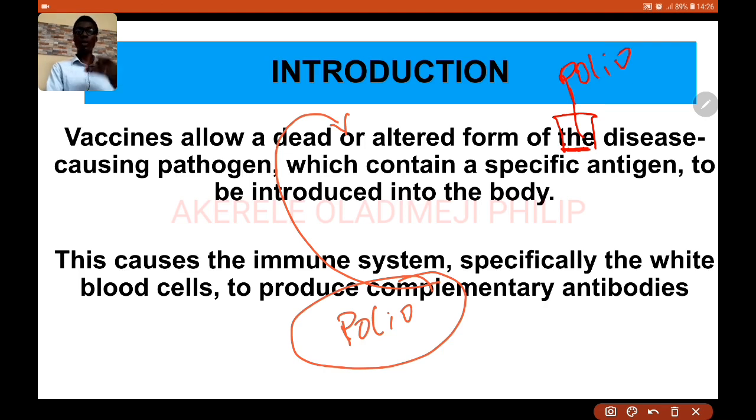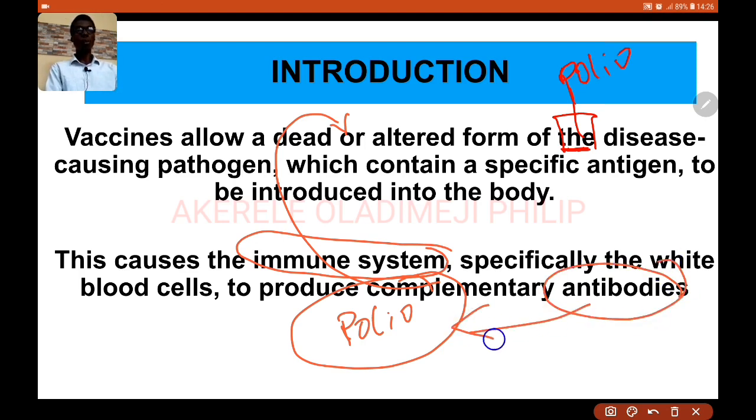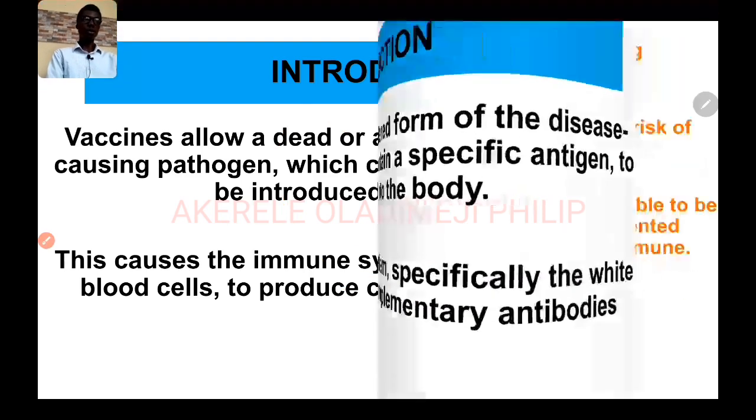However, because of its presence, it will stimulate the immune system to build antibodies specifically for what? For polio. So that when the real polio pathogen comes much later in the future, there are already enough antibodies to kill it, or the immune system will quickly reproduce enough antibodies through the effect of memory cells, which I'm going to explain much later. All right, so let's move on. You're going to get that as we move on.